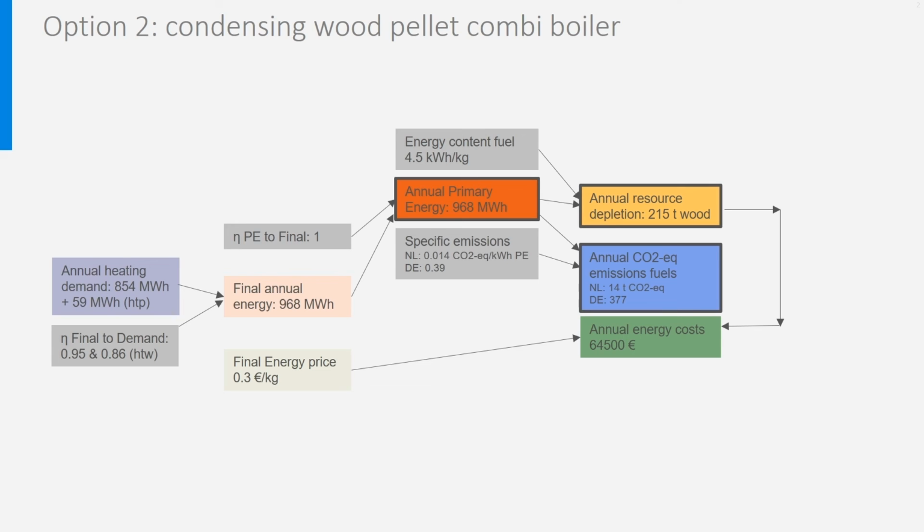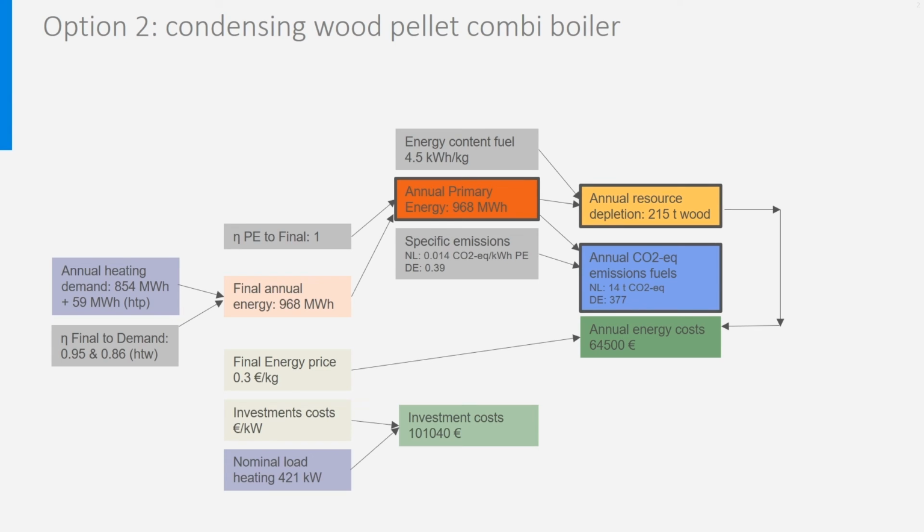We saw that a nominal load of 421 kilowatt is enough for both hot tap water and space heating. The investment costs of a wood pellet boiler were said to be 240 euro per kilowatt, which brings us to a total investment of 421 times 240, which is 101,040 euro.